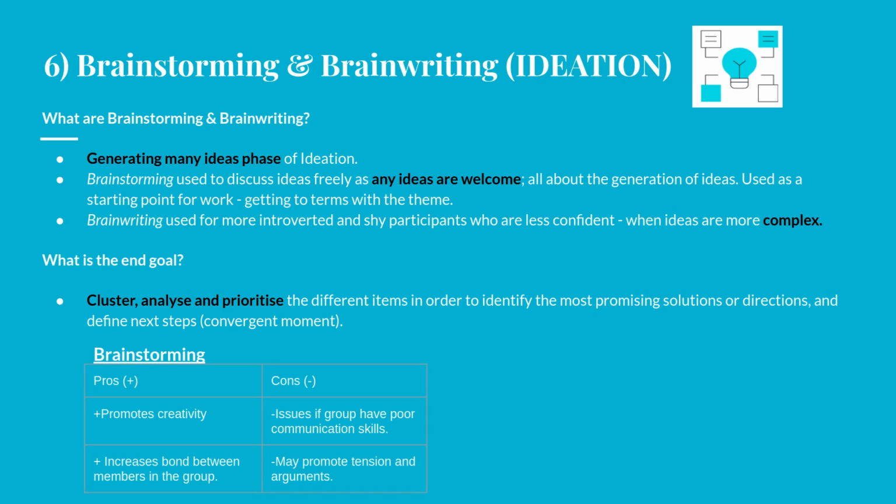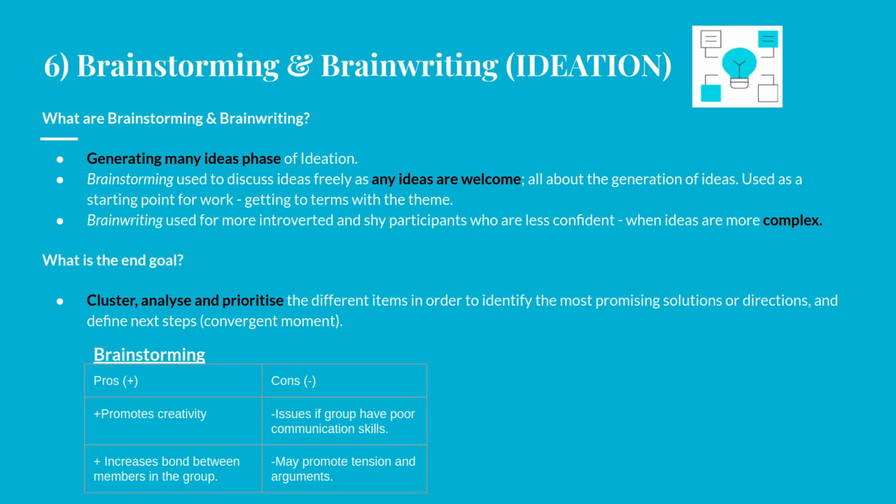The pros for brainstorming is that it promotes creativity, as you are pushed to think critically and imaginatively to make you come up with ideas that will make you stand out and be noticed. Another pro is that it enforces group cohesion, as you have no choice but to work closely together, and it creates a foundation for a stronger working relationship and to get to know one another better.